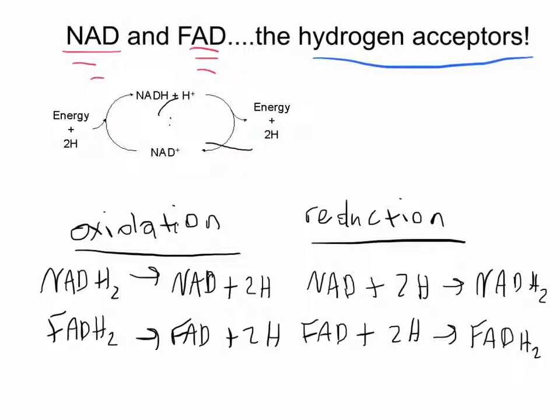So glucose gets oxidized and NAD and FAD get reduced, and eventually when NAD and FAD get oxidized, that's when your ATP is created.